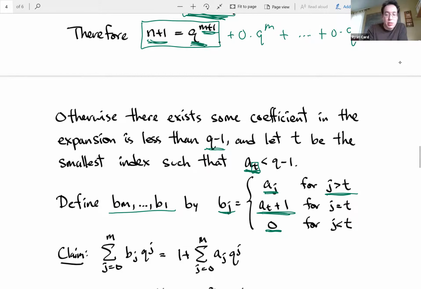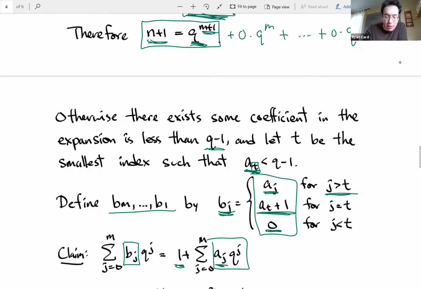And what we want to show now is that we have a new set of coefficients, these coefficients b_j, that is the same thing as compared to the previous a_j's plus 1, because we want to be able to represent the next number in the q-ary system.